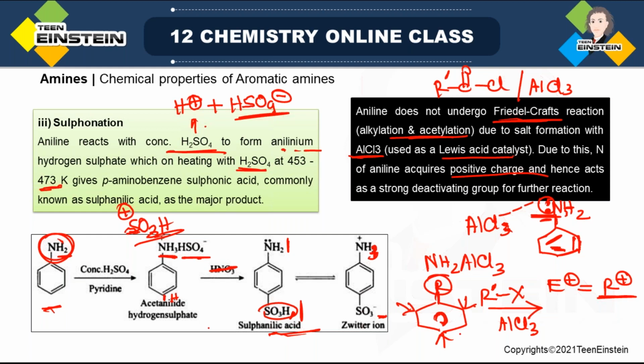That is Friedel-Crafts alkylation and acylation. But remember, it must be a very good donating group, but when you are using AlCl3, the donating capacity is lost. That is why it becomes a strongly deactivating group, and further reaction is not possible.